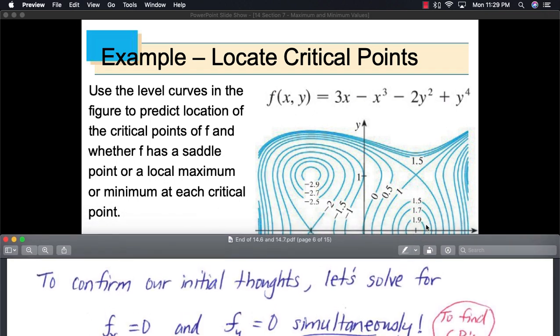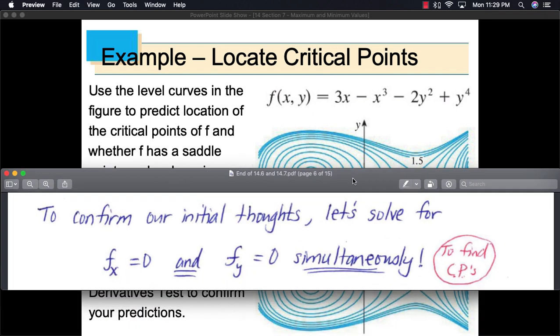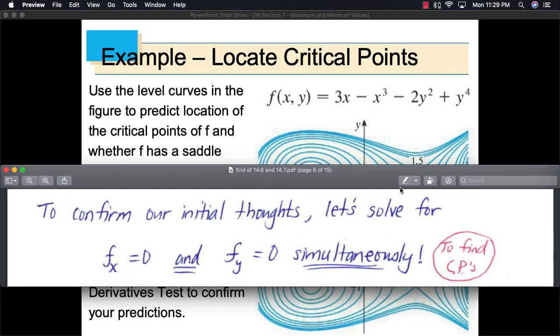This point over here is going to be a local maximum, with the points (1, 1), (-1, 1), and (-1, 0) being saddle points. We're going to confirm our thoughts on this by solving for the partial with respect to x and the partial with respect to y, both equal to 0 simultaneously.